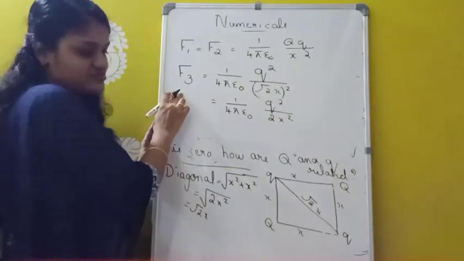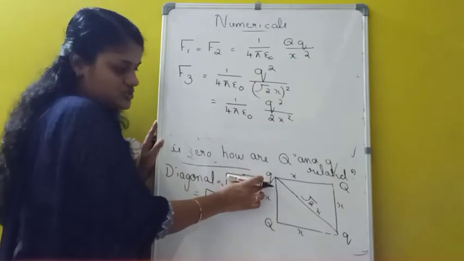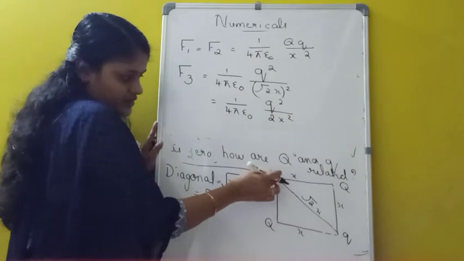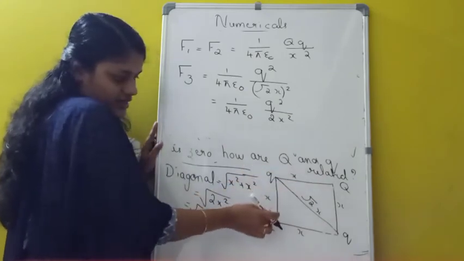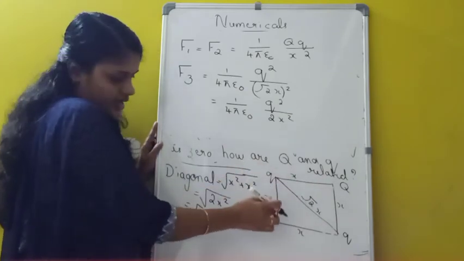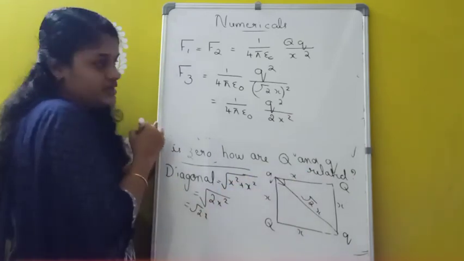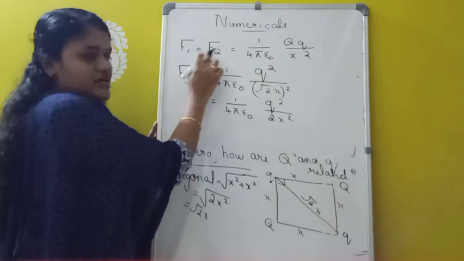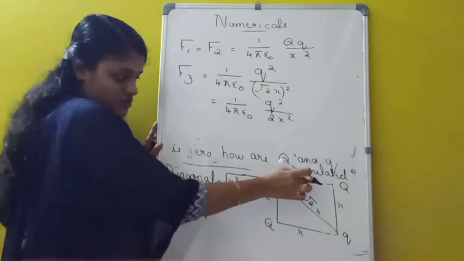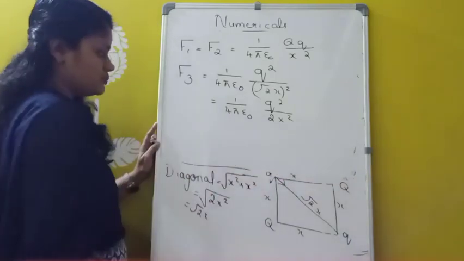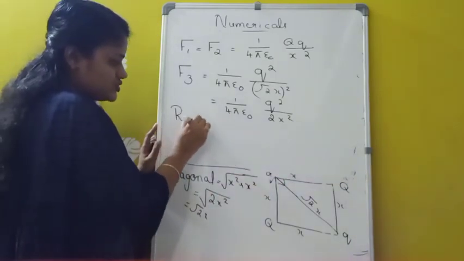So this is F3. F3 is the force acting on the small q charge due to which one? This charge. Okay. Now here this is the F1 force and this is the F2 force. And these two forces are acting perpendicular because what is the angle here? 90 degrees. So how will you find the resultant of F1 and F2?